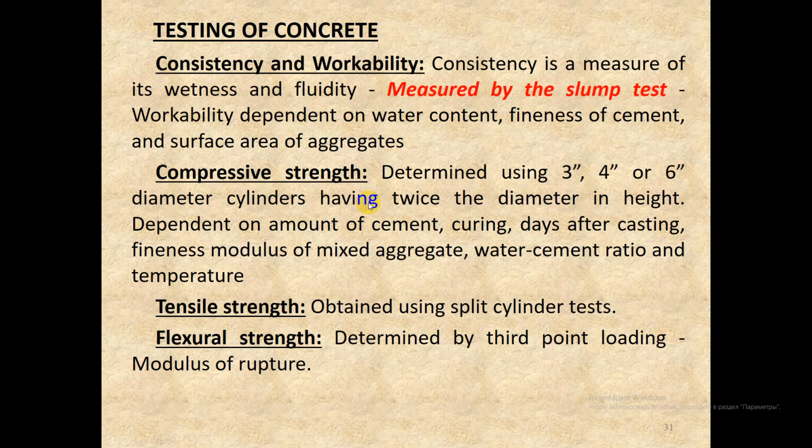Compressive strength is determined using 3, 4, or 6 inch diameter cylinders having twice the diameter in height, depending on amount of cement, curing, days after casting, fineness modulus of mixing aggregate, water cement ratio, and temperature.